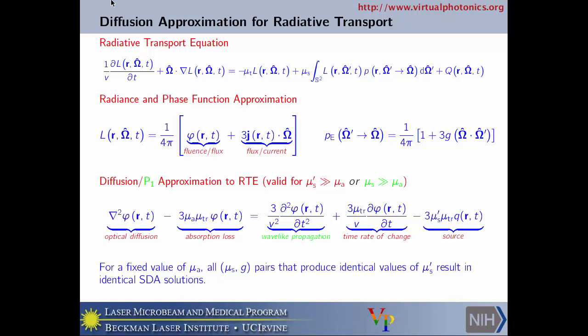Yes? How can we get wave-like propagation? I mean, in the RTE, there is only one derivative by time, but you get a second derivative. Yeah, it comes out when you actually do the substitution and you go through.